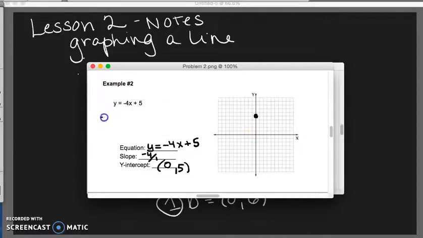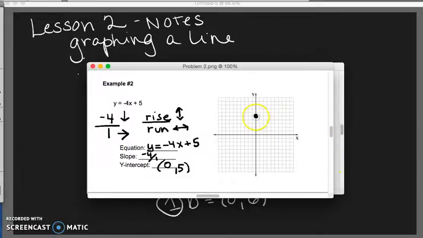And now our slope, as we know, is negative 4 over 1. This means that we're going to fall 4, because remember, rise means up or down, and run means left or right. Now in this case, since your 1 is a positive 1, we're going to move to the right 1.